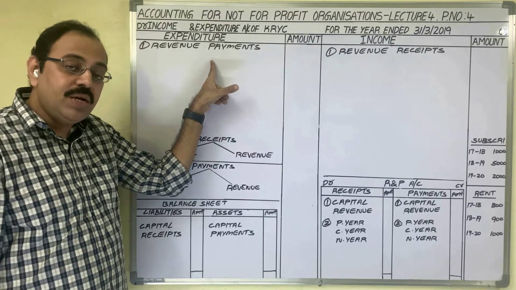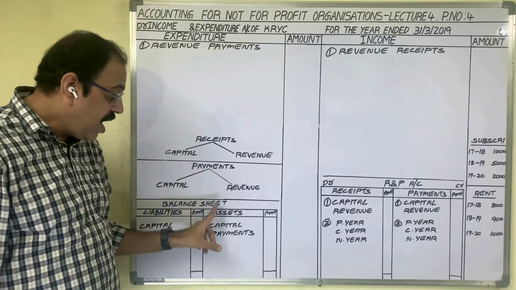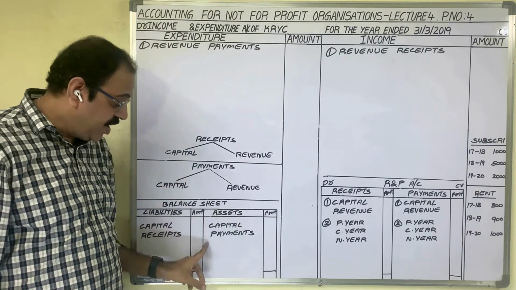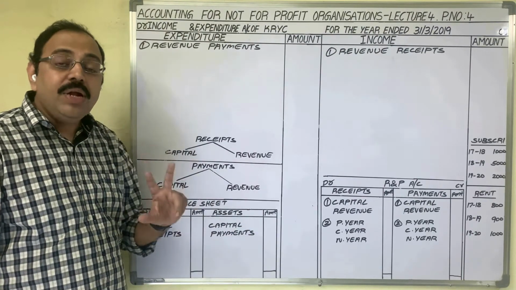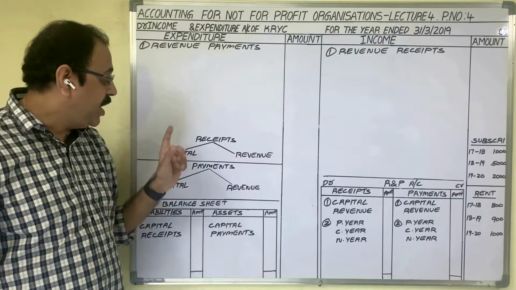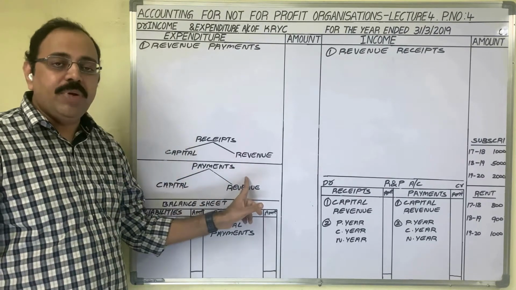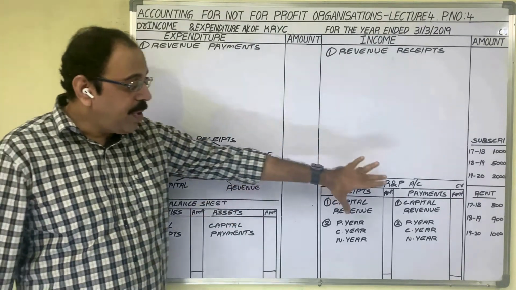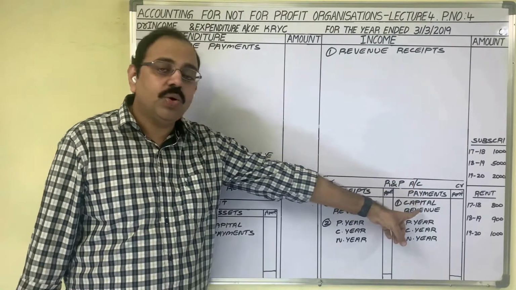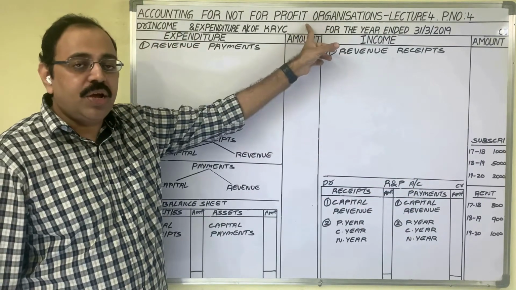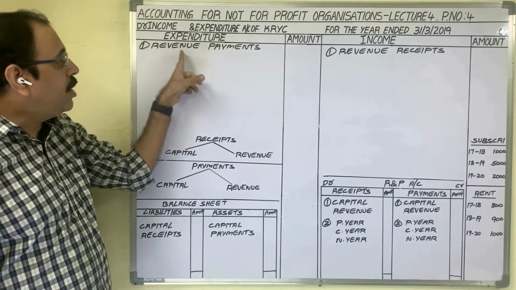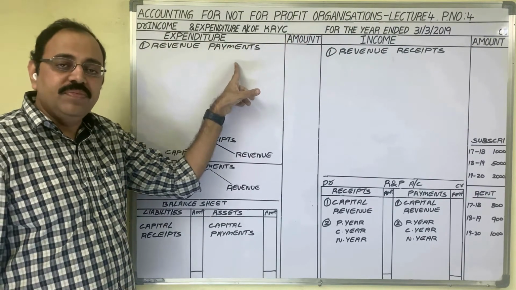So where does it appear? In the balance sheet under the asset side. The furniture amount we should show here. So remember, payments are of two types: capital payments and revenue payments. In the receipts and payments account, both we show on the credit side. But in the income and expenditure account, only revenue payments we have to show on the debit side.